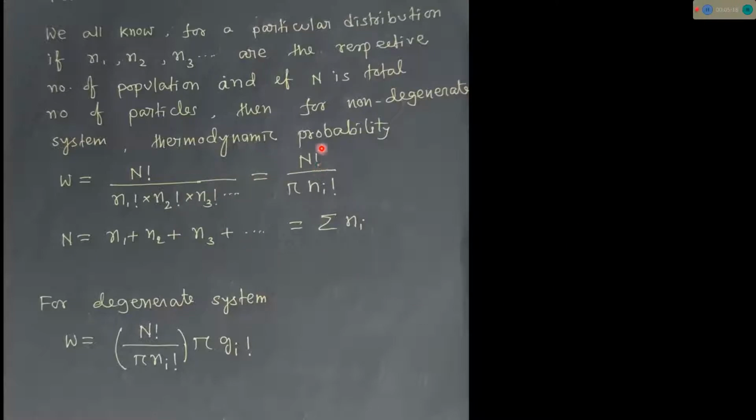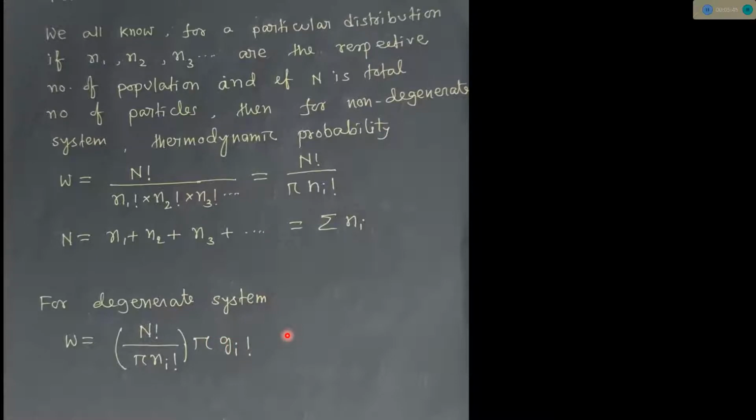So this formula, N factorial upon the product of ni factorial, is for a non-degenerate system, where N is the total number of particles, the summation of n1, n2, n3. For a degenerate system, it is N factorial upon the product of ni factorial into the product of gi factorial.